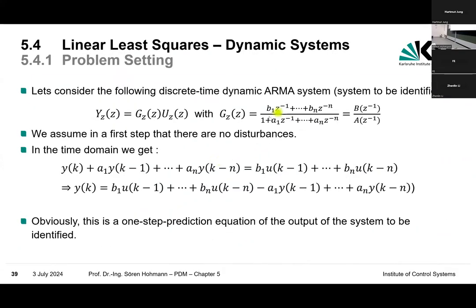Well, here is A. If all these coefficients vanish, what remains? Just B. It's a kind of description of the system.